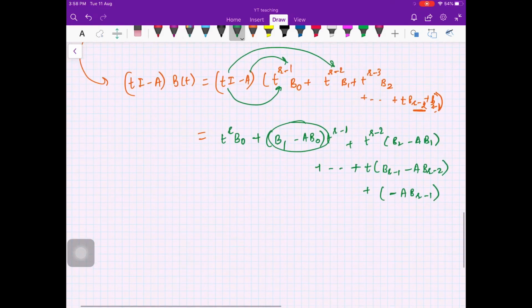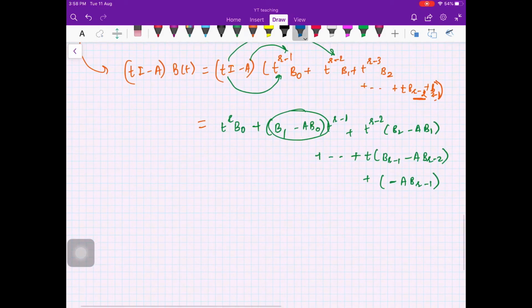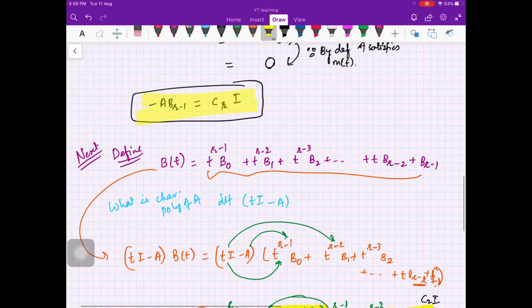So what you will get here, this is your term C1I, this term will be C2I, and so on. This term will be CR minus 1I, and the last term will be CRI. This is from here.